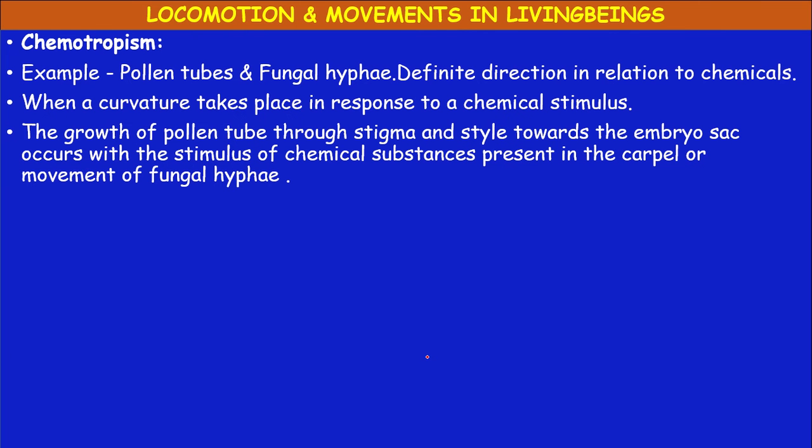Take the growth of the pollen tube through stigma and style, which are parts of the flower. In the flower, the middle whorl is the female reproductive part. It is divided into three parts: the upper stigma, the middle tube like structure called the style, and the bottom innermost part called the ovary.